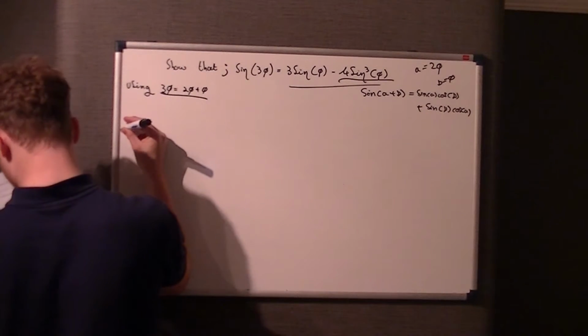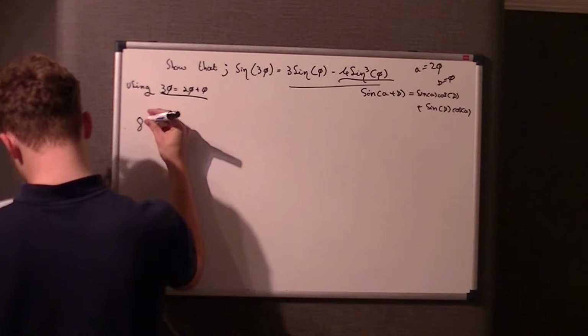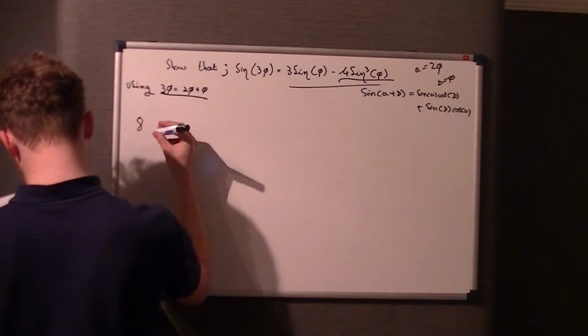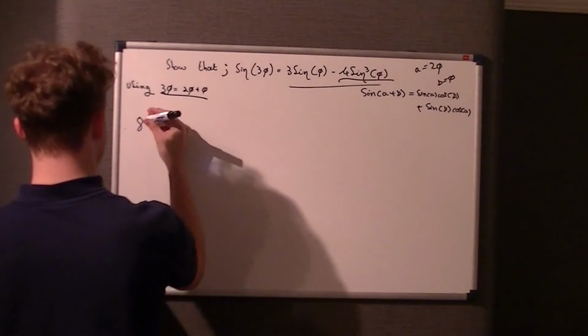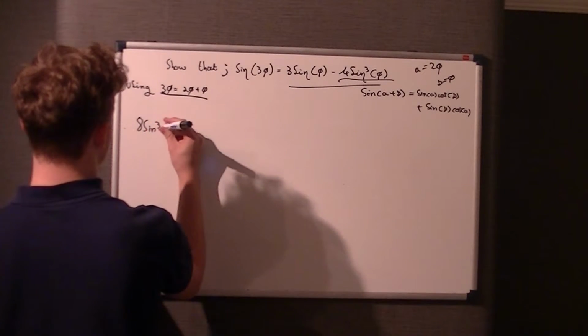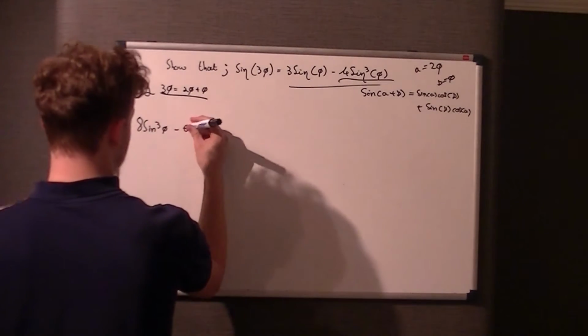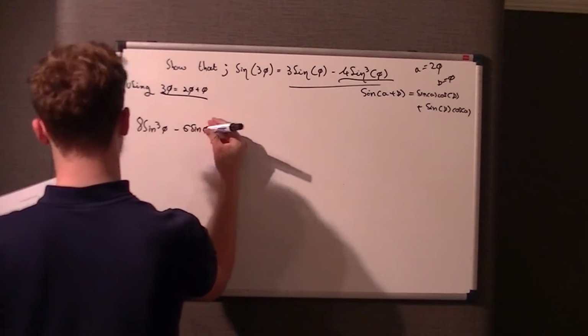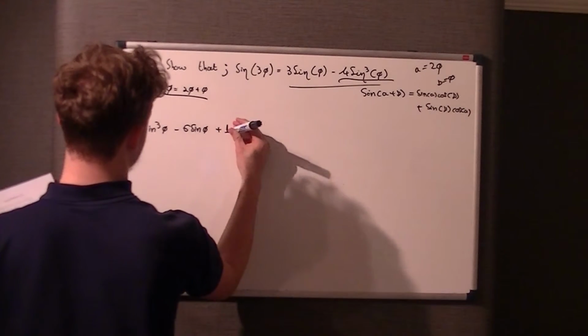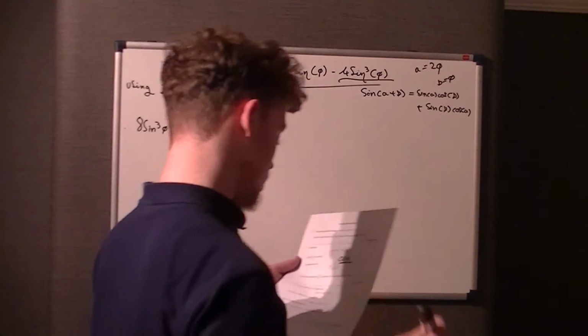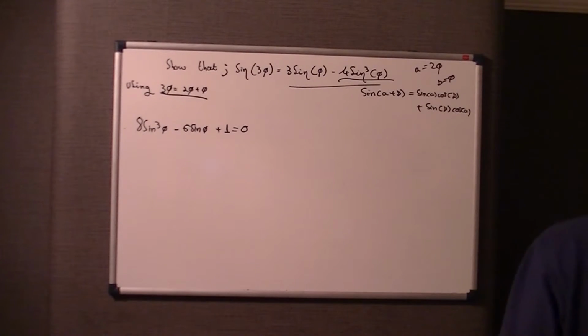Alright, anyway, so the question says solve for theta between 0 and pi over 3, 8 sine cubed theta take 6 sine theta plus 1 is equal to 0. Okay, so we've got to solve that between 0 and pi over 3.